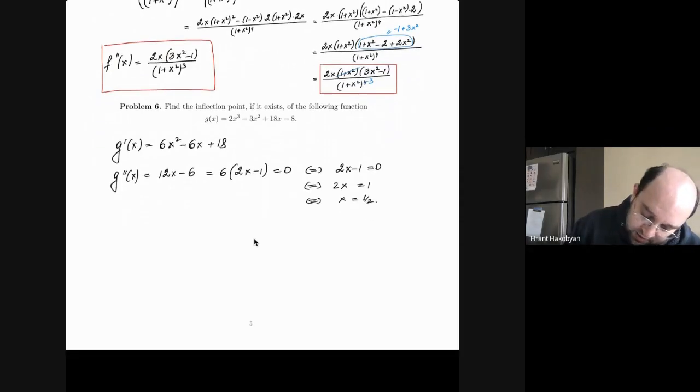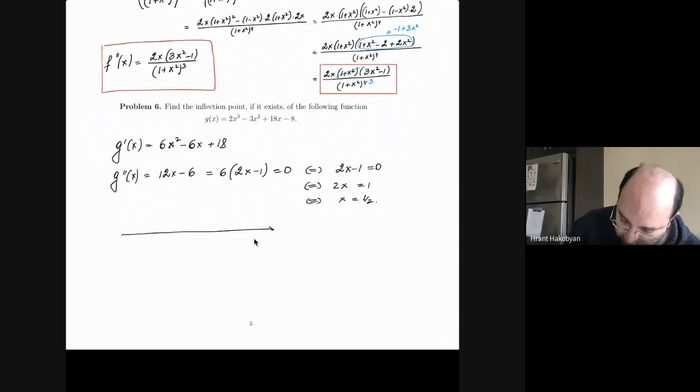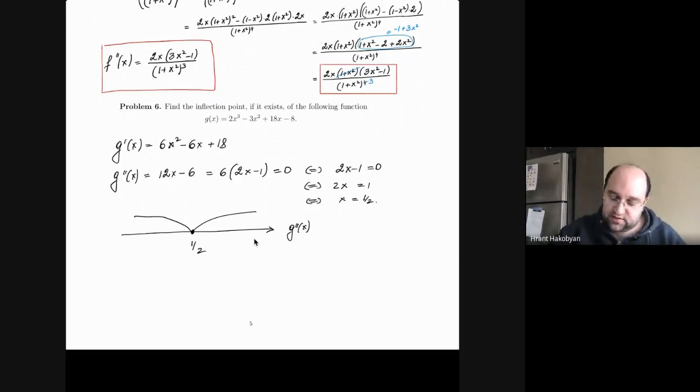Then if I do the number line and plot the sign of the second derivative, I have 2 intervals. This is the point 1/2, and if I pick a number greater than 1/2, for instance x equals 1, then g double prime of 1 is 6 times (2 times 1 minus 1), so that's positive.